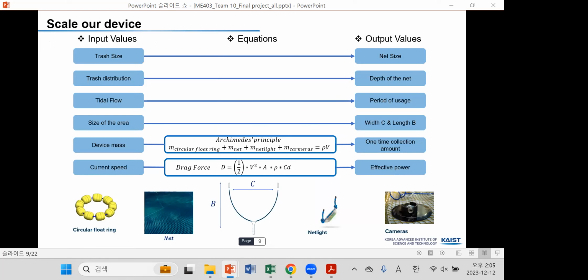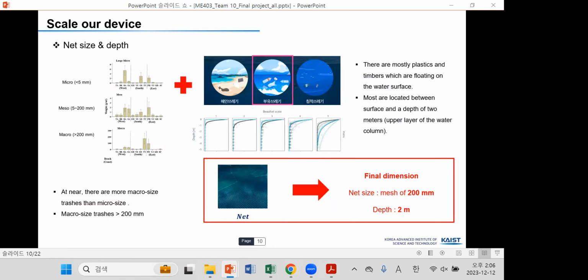As input values, we use debris size and distribution, tidal flow, etc. And we wanted to decide our system's net size and depth of the net, period of usage, dimensions, how much marine debris we can collect at a time, and how much effective power we need to operate our system.